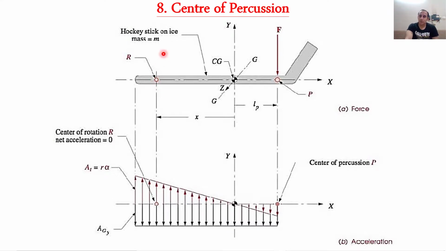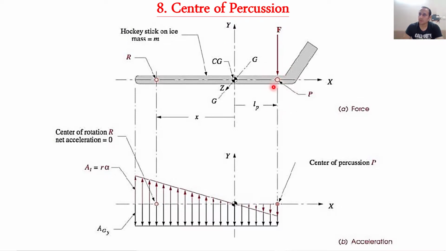We have another parameter, which is m, the mass of the ice hockey stick. Now we are assuming that the hockey stick is lying on the playing field where ice hockey is played. We just drop the stick on the field and apply a linear force. So what will happen?